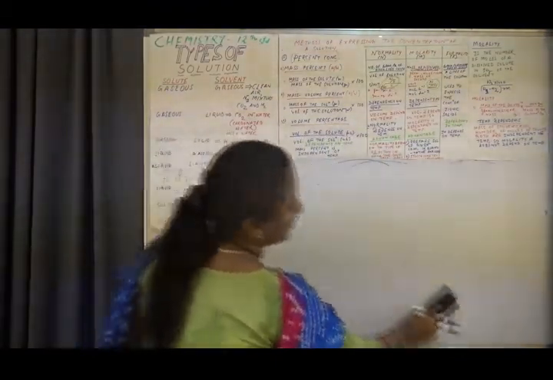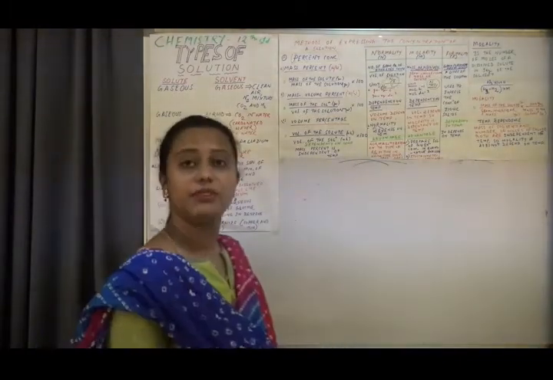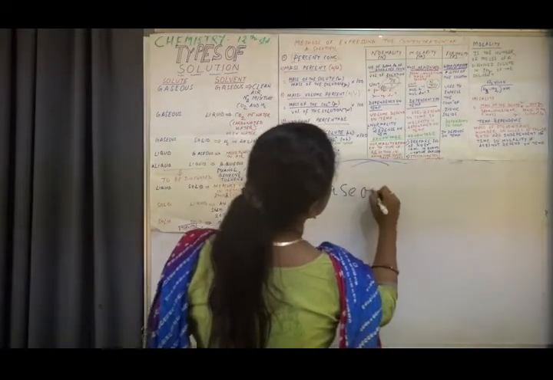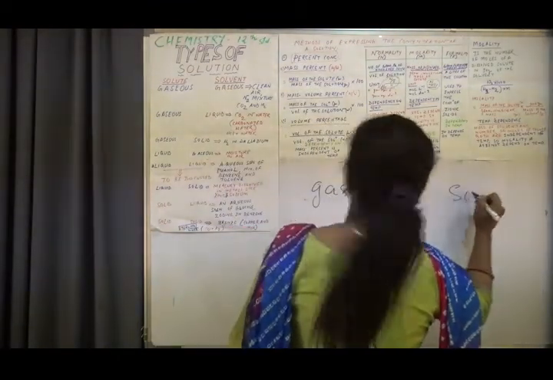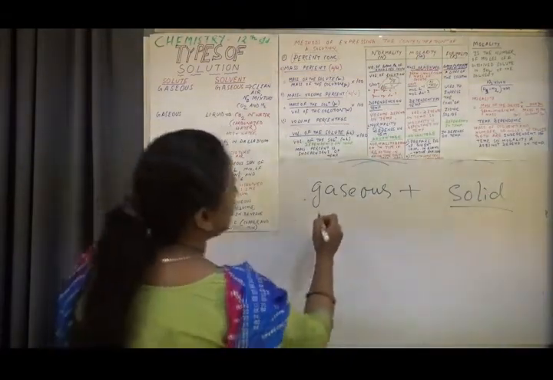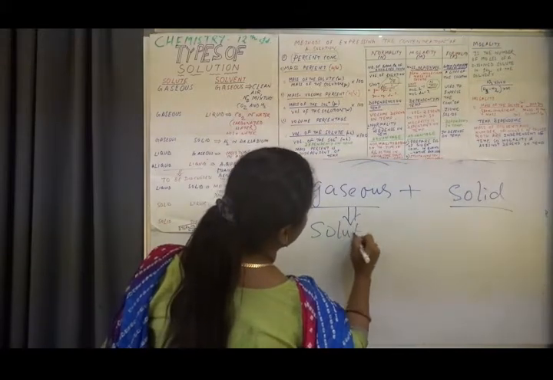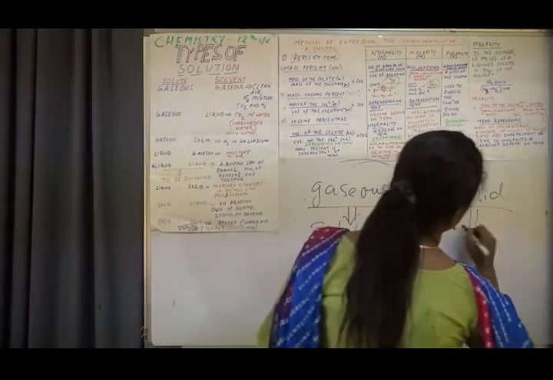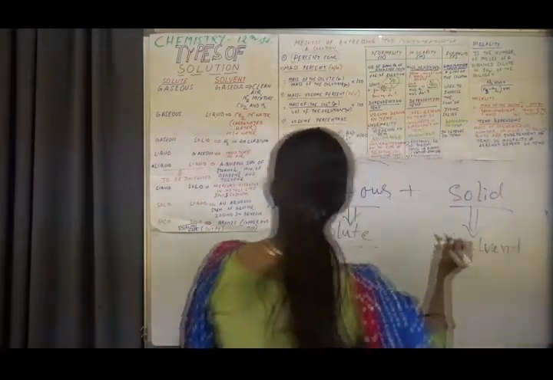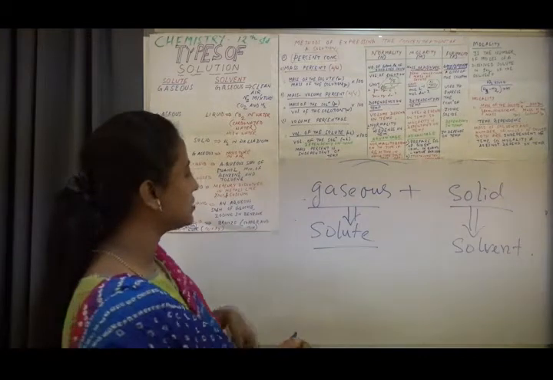I hope all of you are writing all these things in the book, but it is still better if you copy these things. Then the next one is gaseous and solid. In this case, the gas is the solute and the solid is the solvent. What type of things can be found in this type of solution?